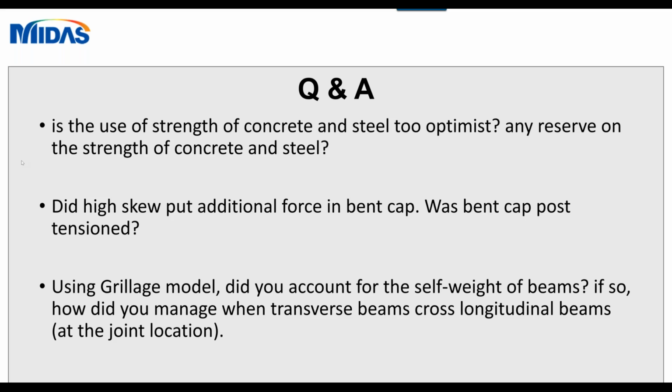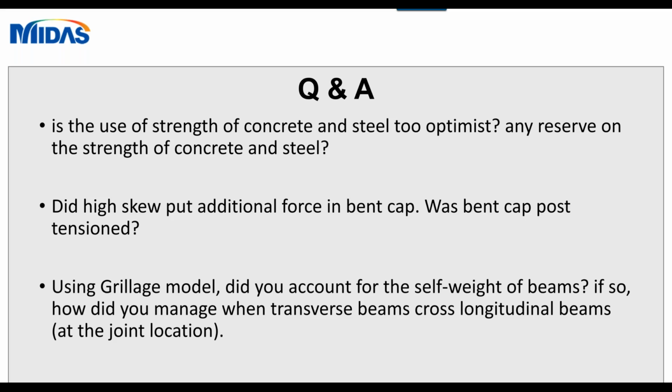So basically, those transverse elements only show stiffness for bending but do not carry any weight. So it's like a fictitious element, but definitely they are representing the stiffness of the slab at the joint location.